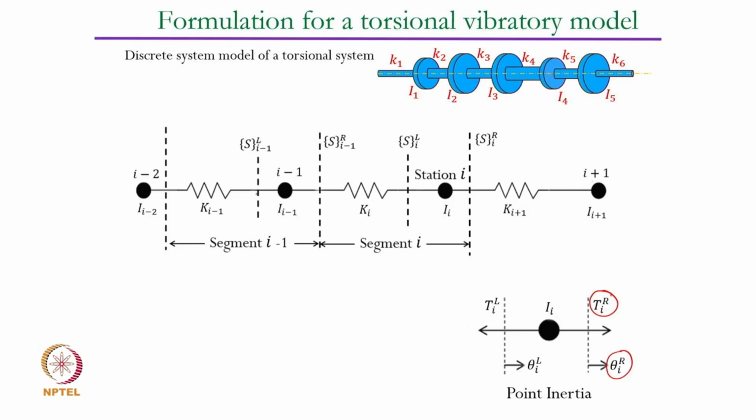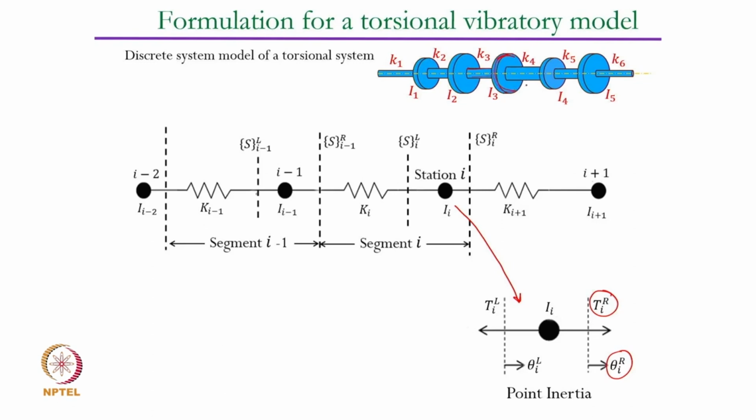If I take the ith segment's inertia, which is going to be assumed as a point inertia, in the sense that it has only the mass moment of inertia about the axis of the segment. What we are basically doing is, if the disk is included, you may ignore the inertia of the shaft and only consider the inertia of the disk which is mounted.